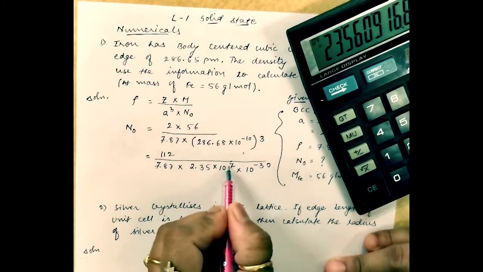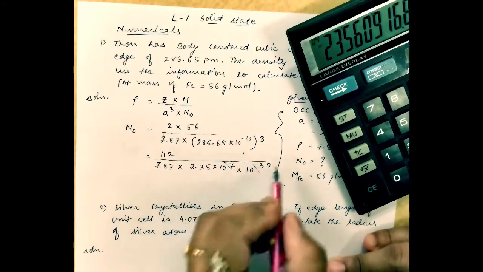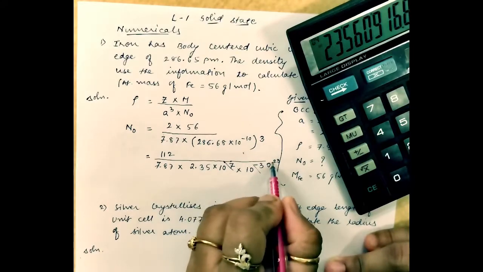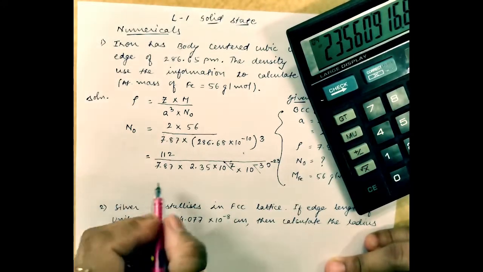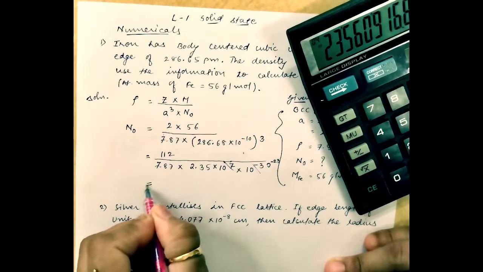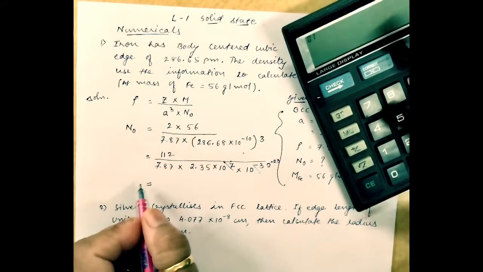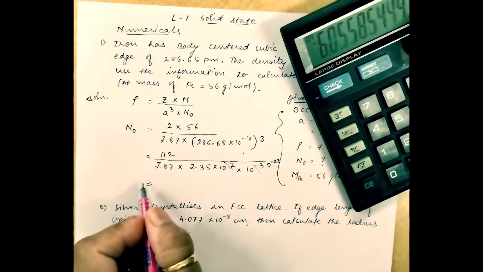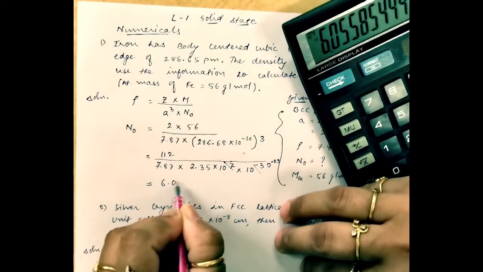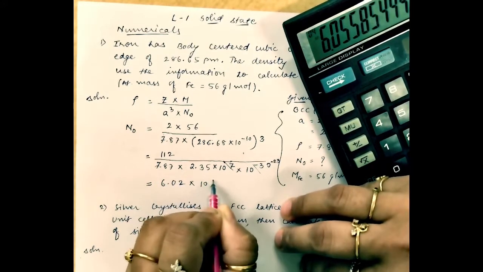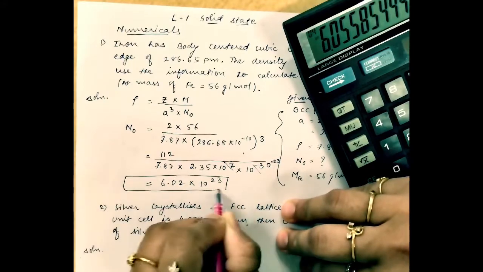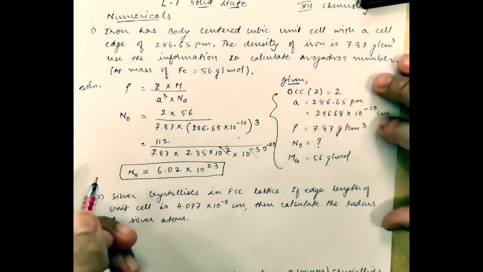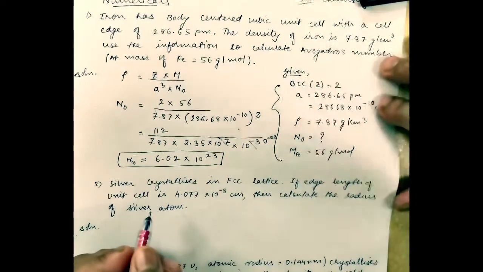So you can see it is plus 7, so you are left over with minus 23, and you take that above. On calculating 112 divided by 7.87 divided by 2.35, it comes out to be 6.02 into 10 to the power of 23. That is the answer you get for Avogadro number. So that was your first answer.